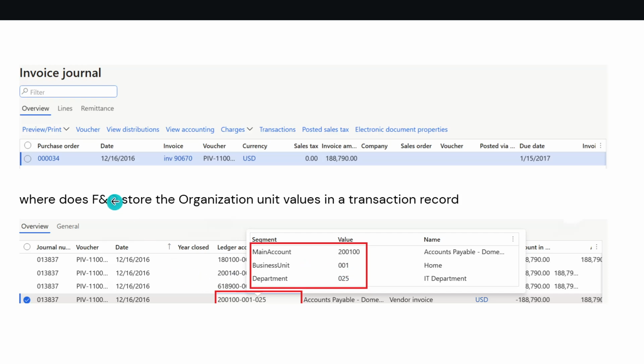Now, when I do the posting, my transaction gets registered along with the general ledger account. It also adds these attributes. We call it financial dimension here. I'm going to have a very simple setup where the financial dimension is going to have a business unit and the department.